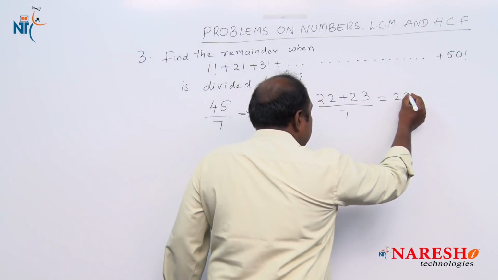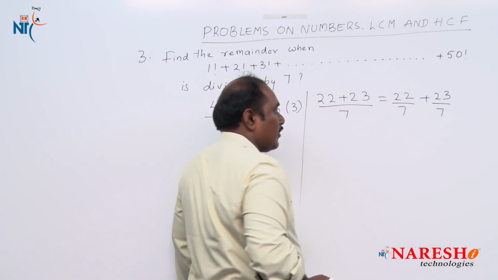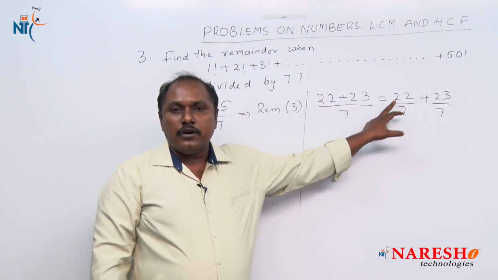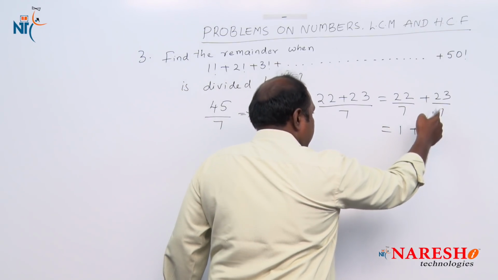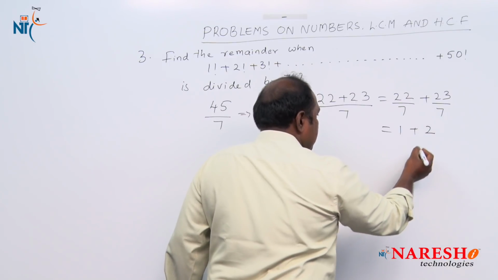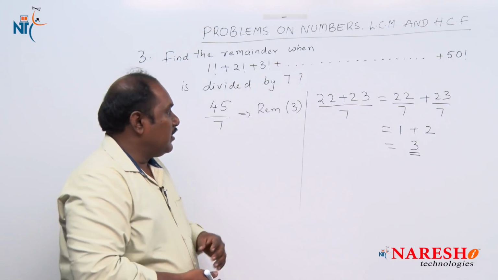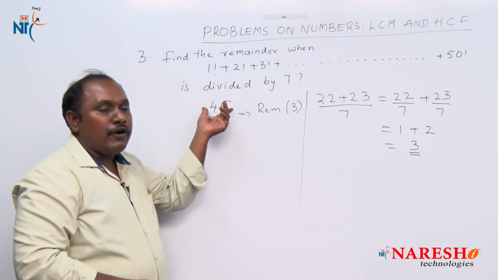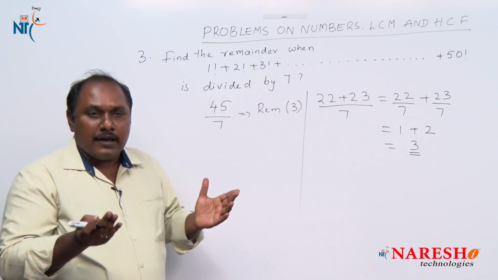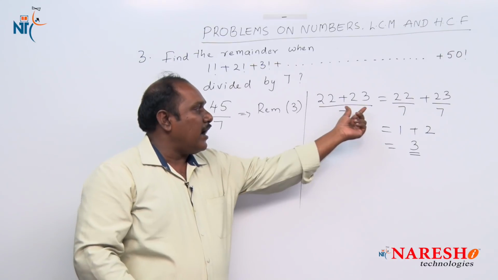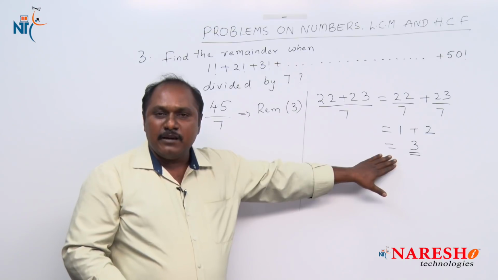This we can write as 22 by 7 plus 23 by 7. 22, if I divide with 7, the remainder will be 1. 23 if I divide with 7, remainder is 2. So, ultimately the remainder is 3. That is, if I divide the complete value 45 with 7, remainder is 3, or if I split 45 into two parts as 22 and 23, divide it separately, add the remainders, I get the same remainder.